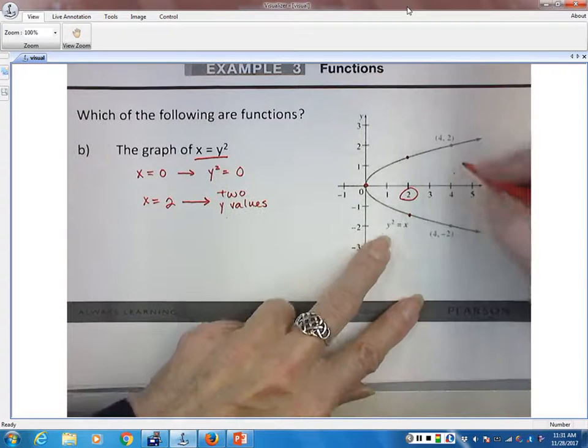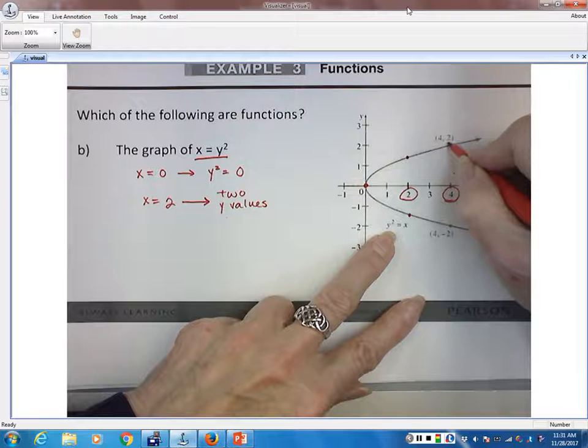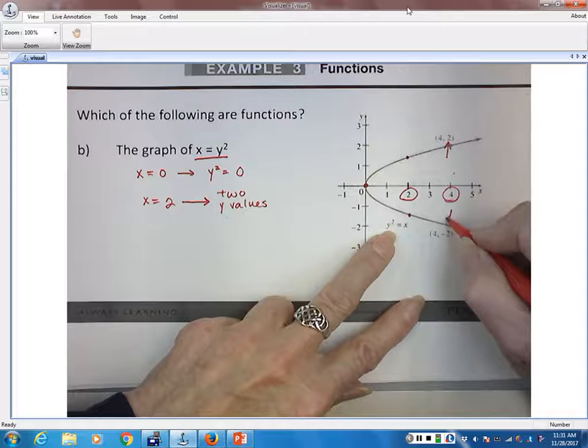Same thing happens if it's 4. 4 is partnered up with 2, but it's also partnered up with -2.